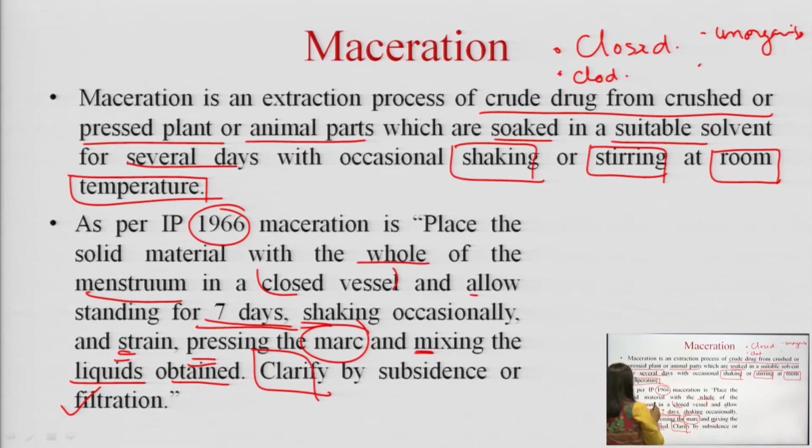So, here there are two terms that have to be understood. One is menstruum, another is the marc. Menstruum is the solvent which is extracting the solute, while marc is the solid or undesirable material which is staying, it is the residue. Okay.